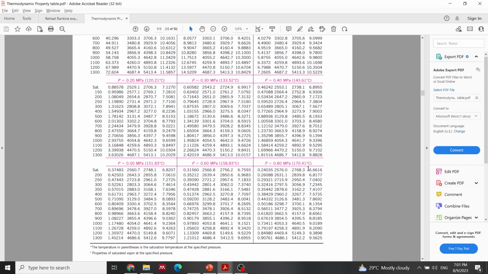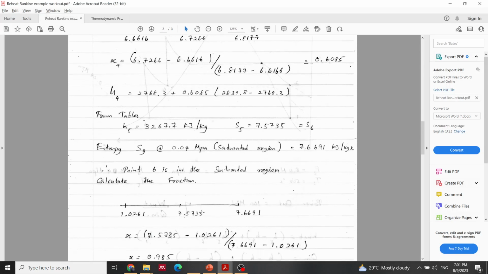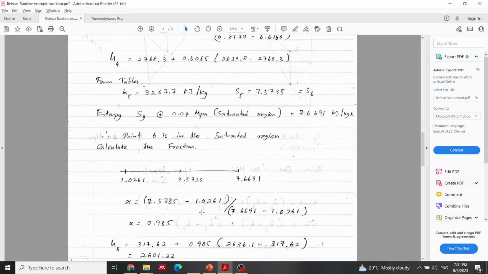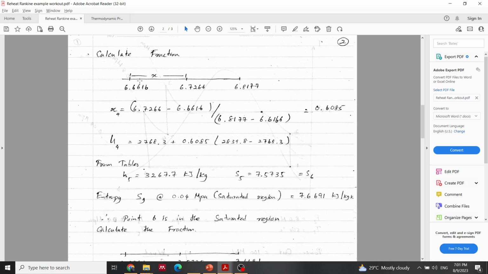So we are extracting these two values, 6.6616 and 6.8177. Then we can formulate the fraction. These are the two values we get from these superheated tables.